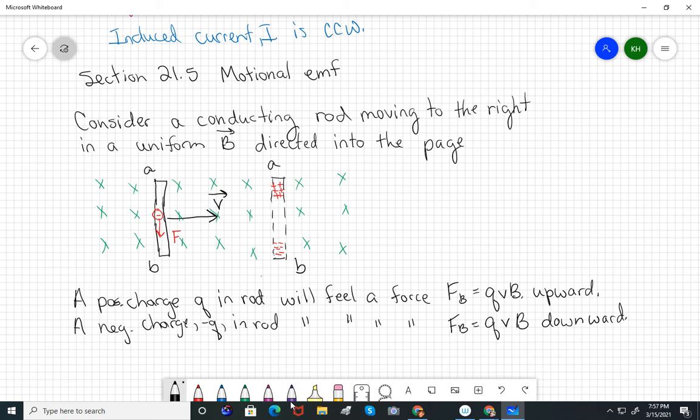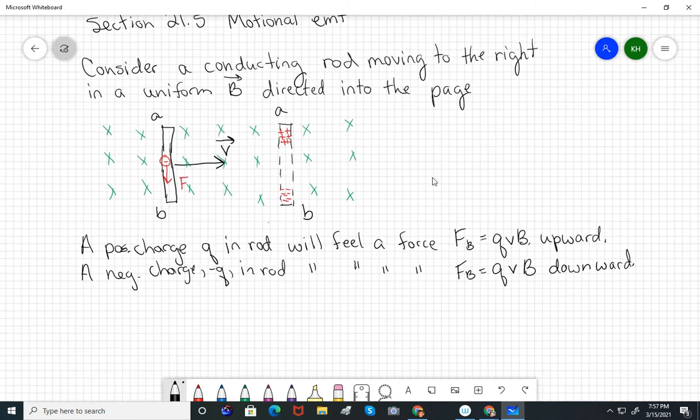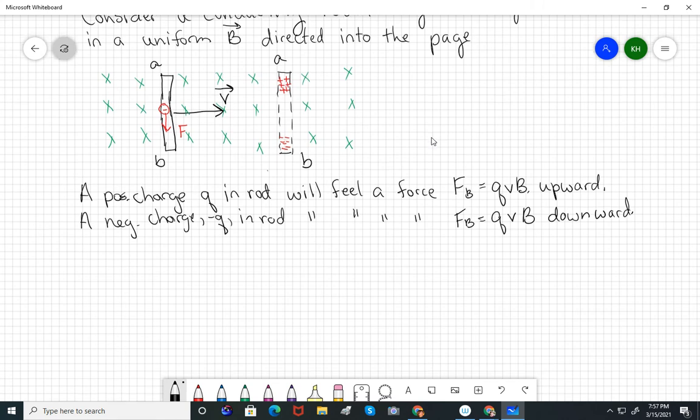Now, if you keep moving this, how long will those charges keep moving? Well, what's going to happen is as these negative charges accumulate at the bottom, making one end positive and one end negative, you're going to create an electric field.